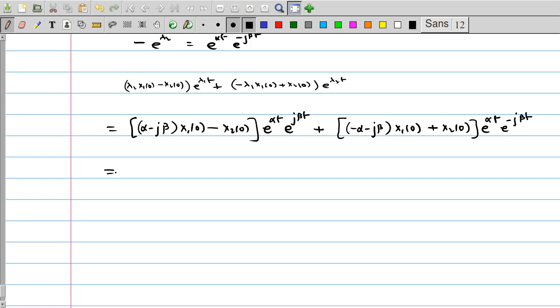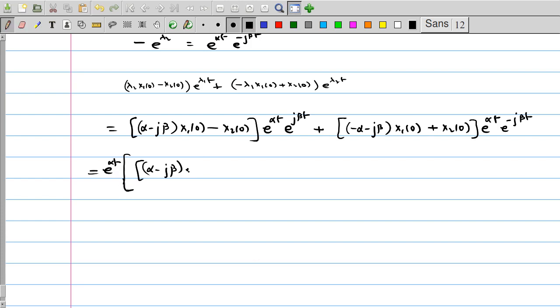Let's collect the terms of x1(0) together. That's going to be alpha minus j beta over here, right, times e to the power of alpha t. Actually, e to the power of alpha t is completely common, so we'll take it out altogether. This goes completely outside.